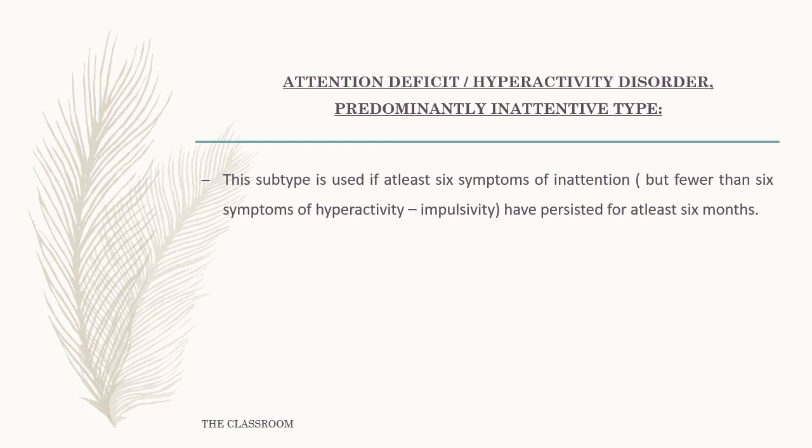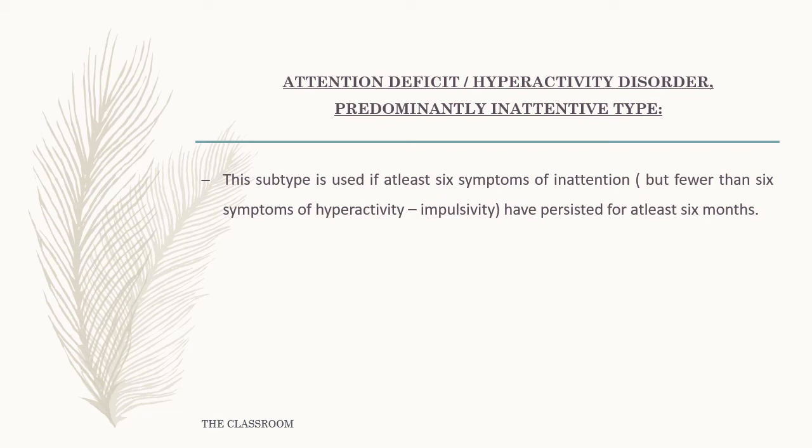This subtype is used if at least 6 symptoms of inattention, but fewer than 6 symptoms of hyperactivity and impulsivity, have persisted for at least 6 months. So the first one was the combined type, where you have 6 symptoms for 6 months of hyperactivity and impulsivity.